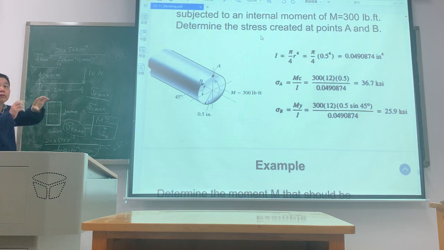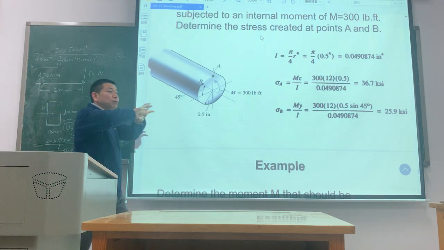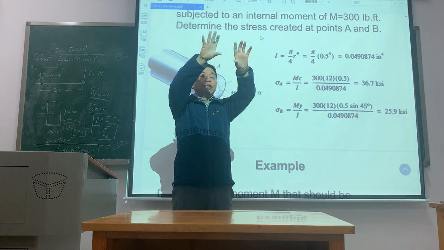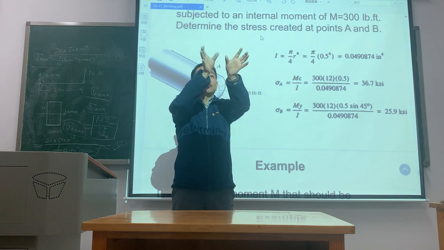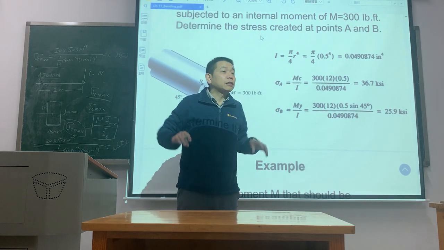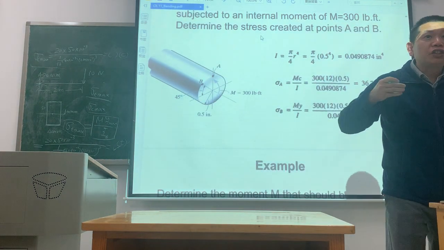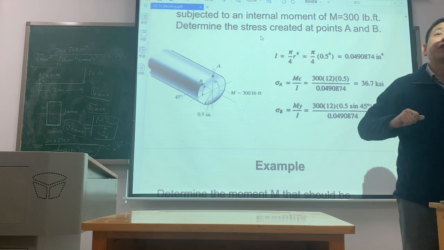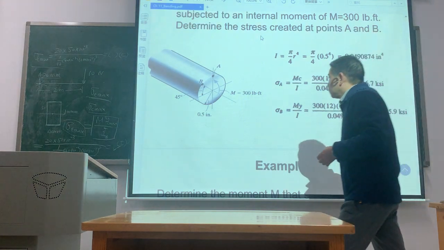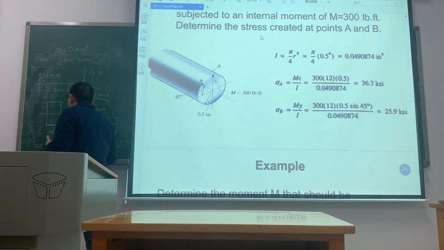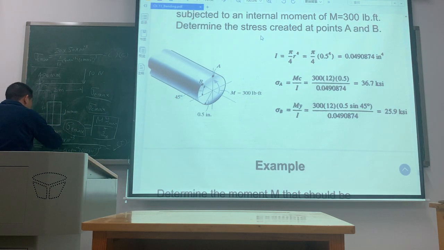When you know the moment is positive or negative, you know how the beam bends, so you know the normal stress is in compression or in tension. So it's easy.